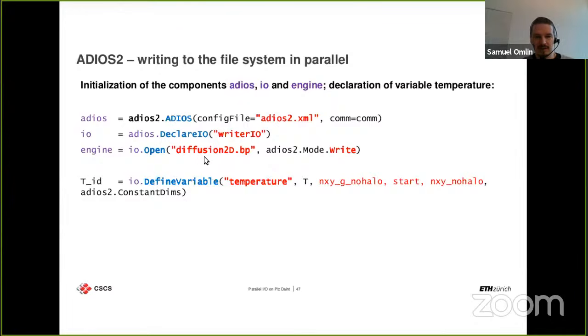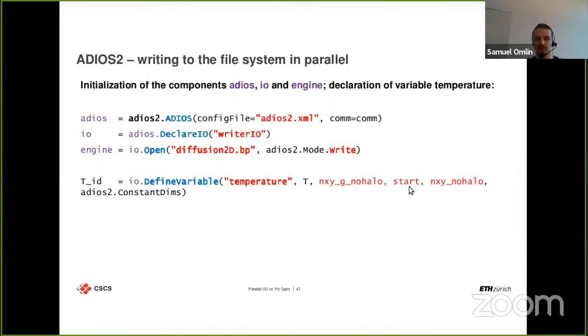And then to create the temperature, we use this IO again, define variable temperature, and here we pass the array T temperature, the global size of this variable, then the local size of the variable in this very process, and where this local part of the variable of this process starts in the global problem.